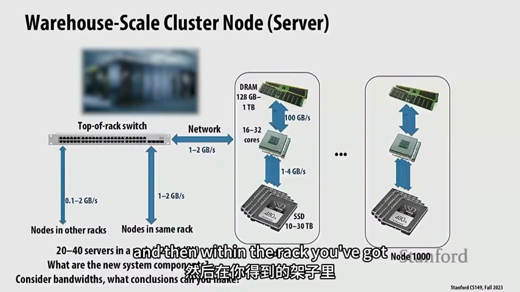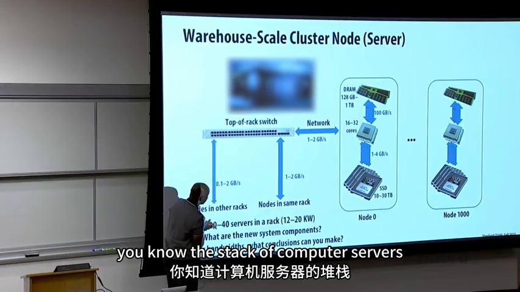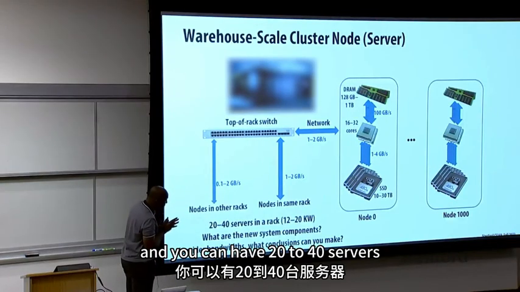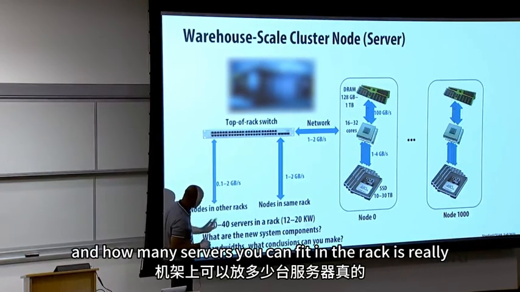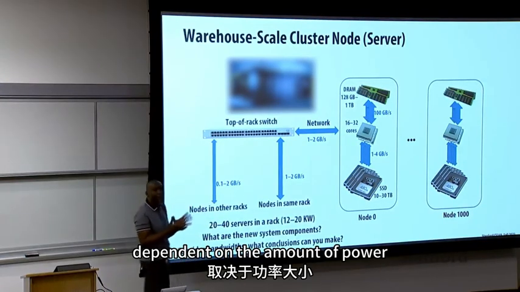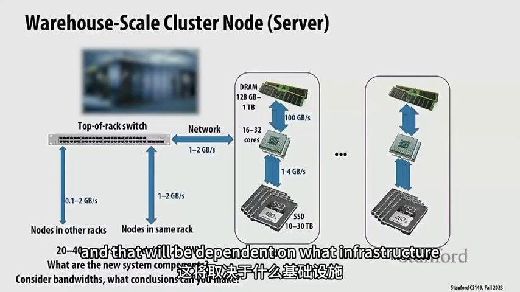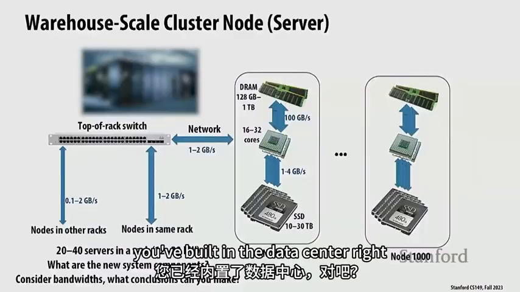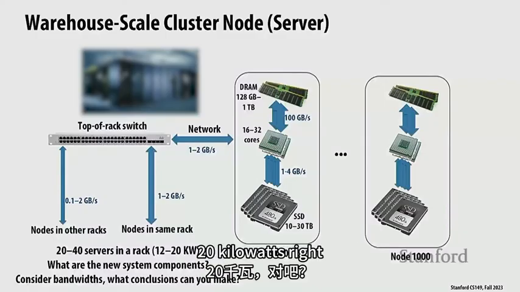Within the rack, you've got a stack of computer servers, and you can have 20 to 40 servers. How many servers you can fit in the rack is really dependent on the amount of power that you can actually deliver to the rack, and that will depend on what infrastructure you've built in the data center. So that could range from 12 to 20 kilowatts.